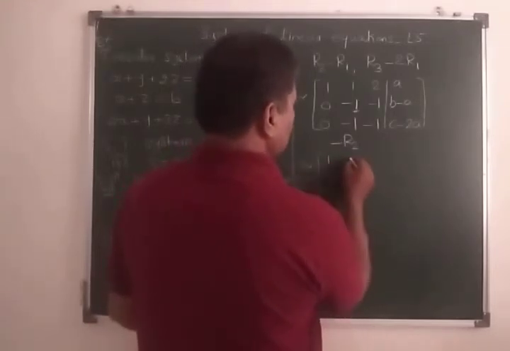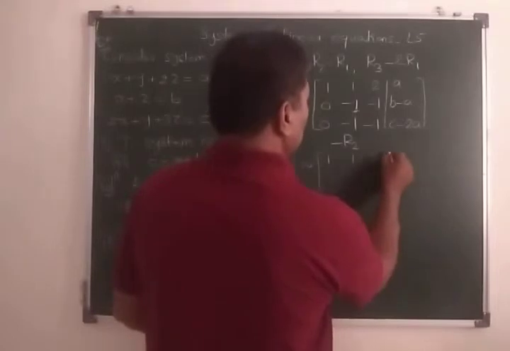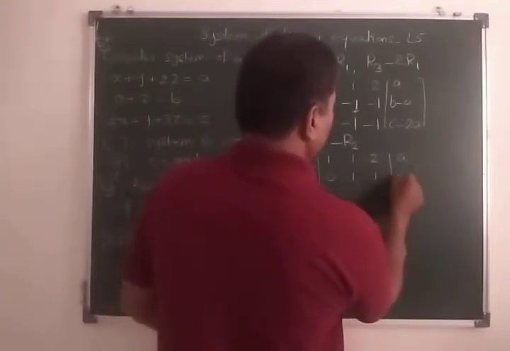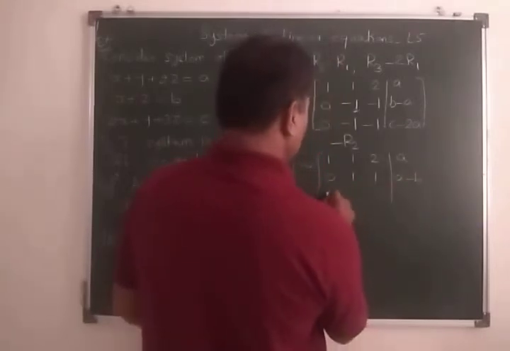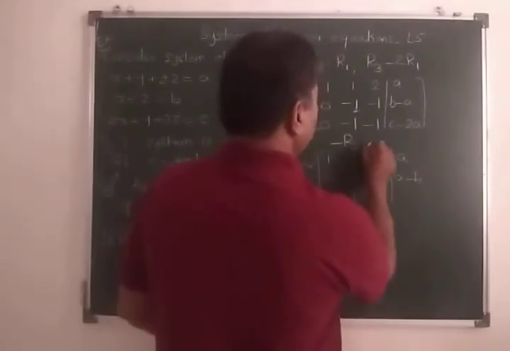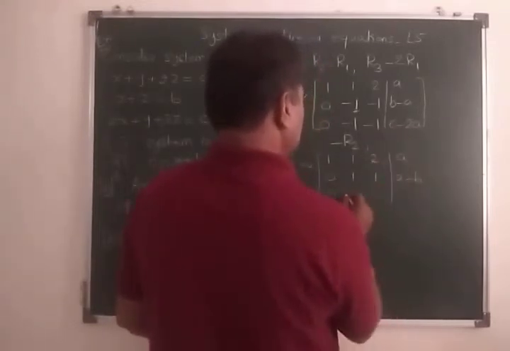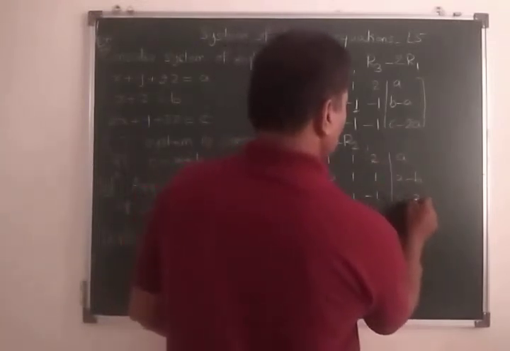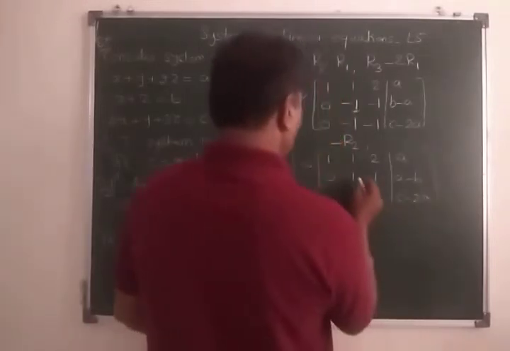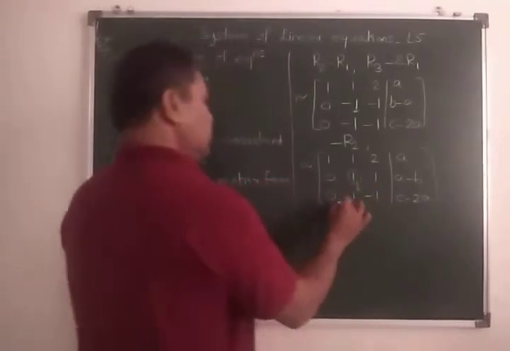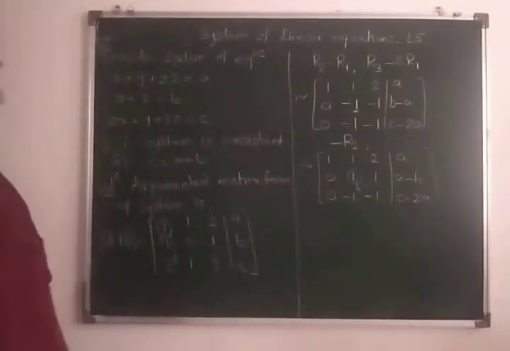This gives us the equivalent form 1 1 2 a, 0 1 1 a minus b. Third row as it is, 0 1 or minus R3 also I can take, and c minus 2a. Then now this is your leading 1. You have to use this 1 to make the below entry 0.